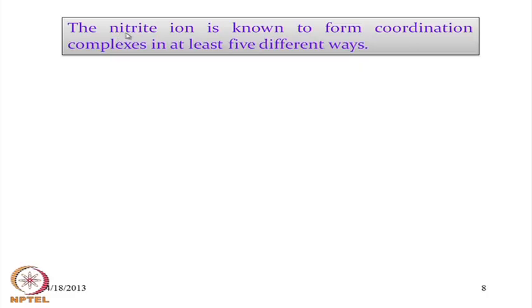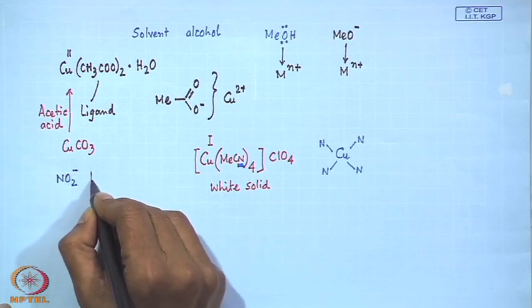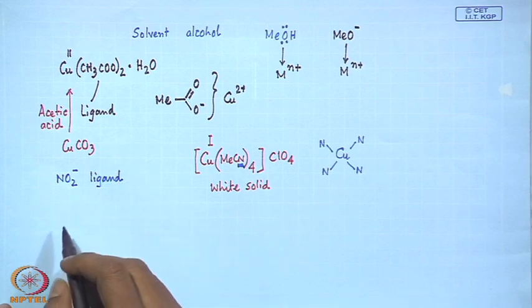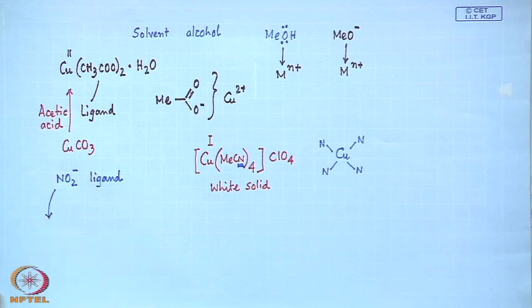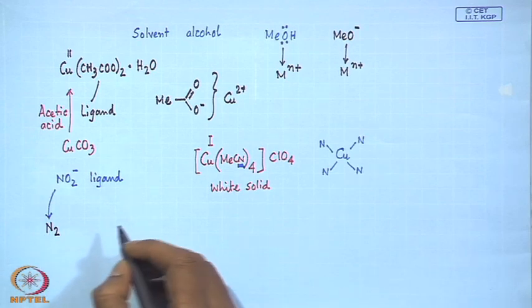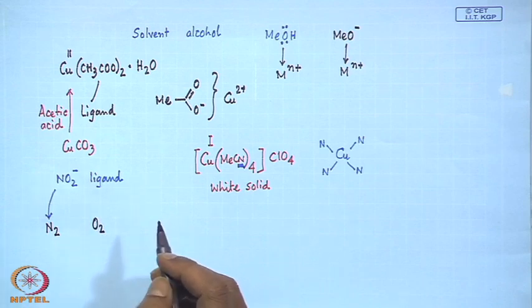So, we will see next the nitrite ion, how the nitrite ion can function as a ligand. So, NO2 minus can also be a very good ligand. And while talking about nitrite binding, we can also think of related nitrogen bearing compounds like gaseous dinitrogen as well as gaseous dioxygen.